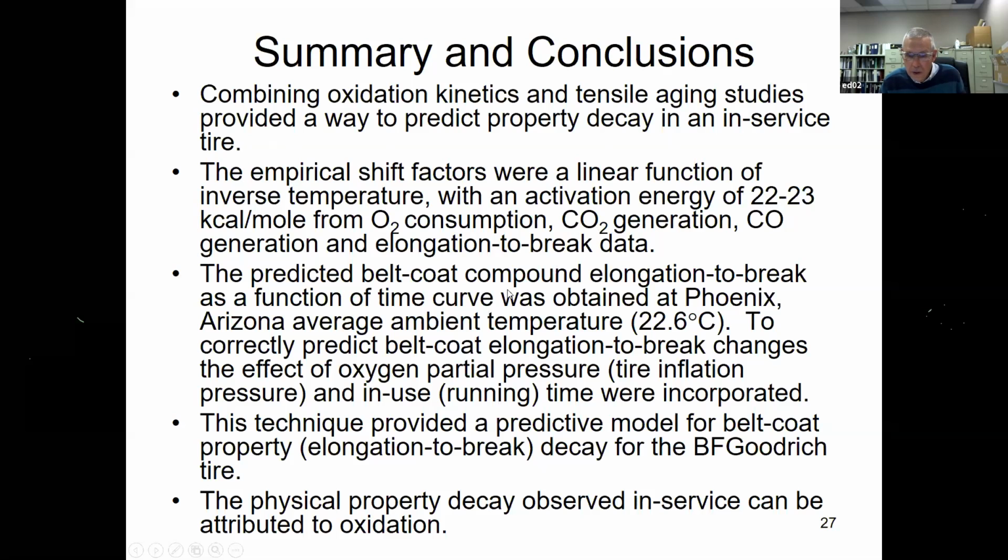The predicted belt coat compound elongation to break as a function of time was obtained at Phoenix, Arizona, average ambient temperature 22.6 degrees.